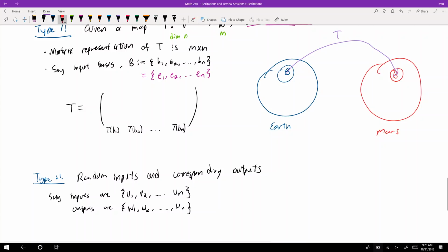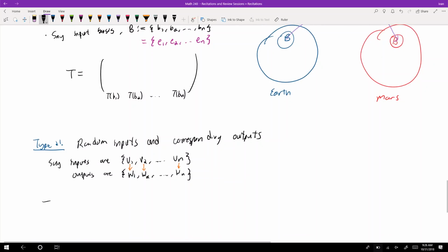So each one corresponds to the other one. You know that V1 gives you W1, and V2 gives you W2, and so on. Then T applied to the columns V1, V2 all the way through Vn is equal to W1, W2 through Wn, and these are all just column vectors.